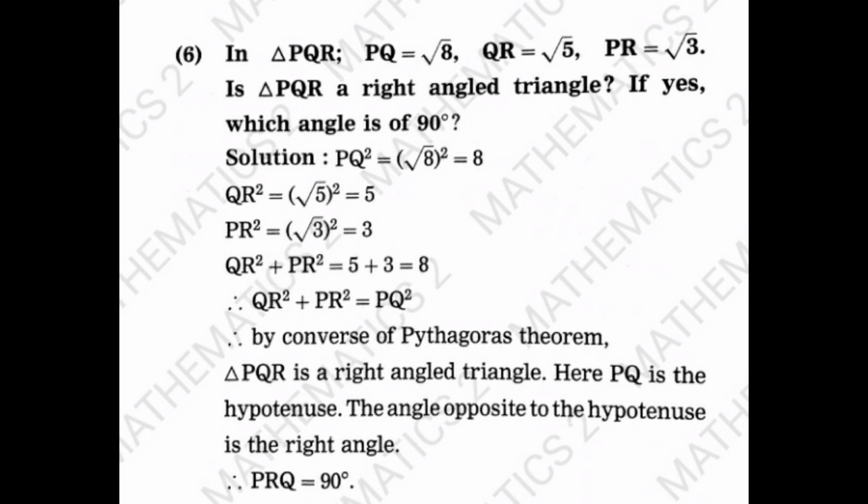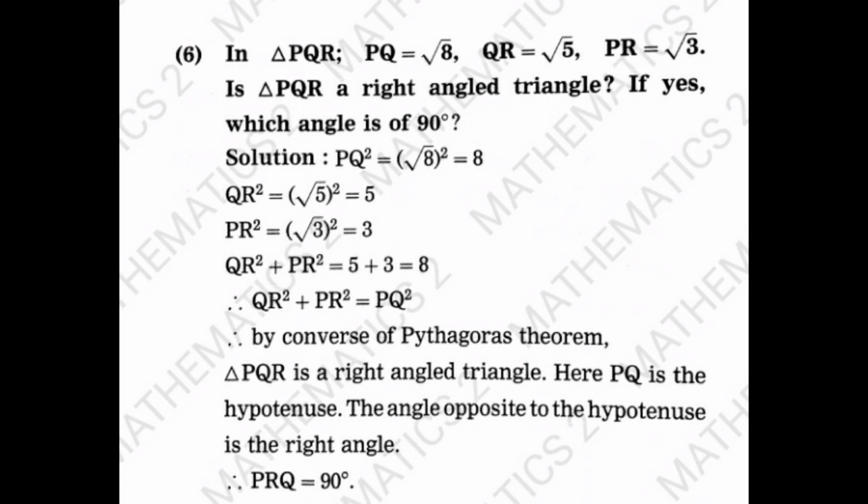First we'll find out which one is the largest side. Definitely PQ, which is root 8, is the largest side. So the square of the largest side, that is PQ square, is equal to root 8 square, that is 8. The sum of squares of the remaining two sides, that is QR square plus PR square, that is root 5 square plus root 3 square, that is 5 plus 3, is equal to 8.